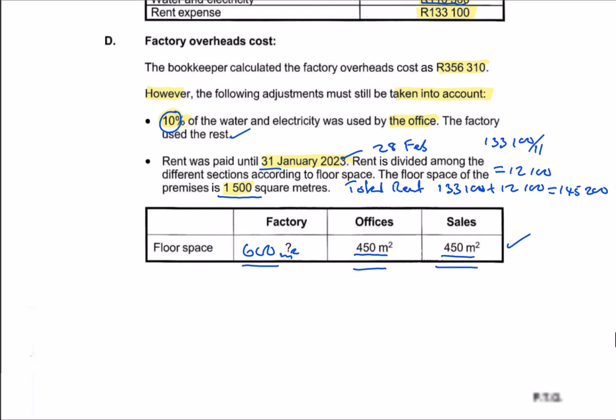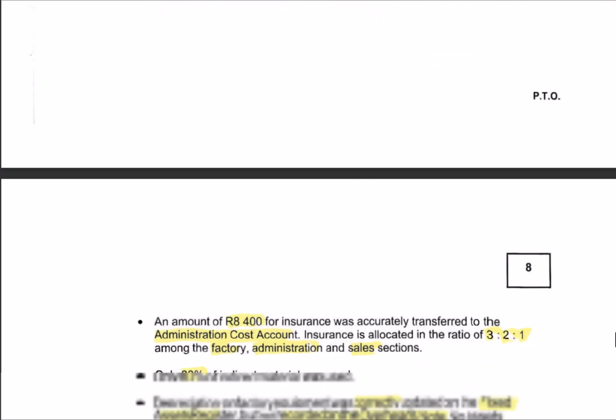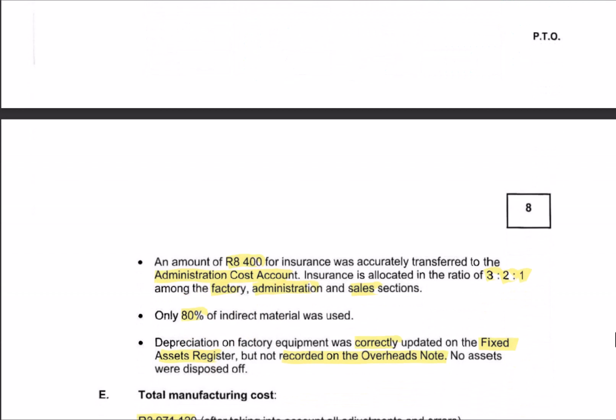The next adjustment, an amount of 8,400 for insurance was agreed to transfer to the administration cost account. Insurance is allocated in the ratio of 3:2:1 among the factory, administration, and the third one. There are three ways of calculating.